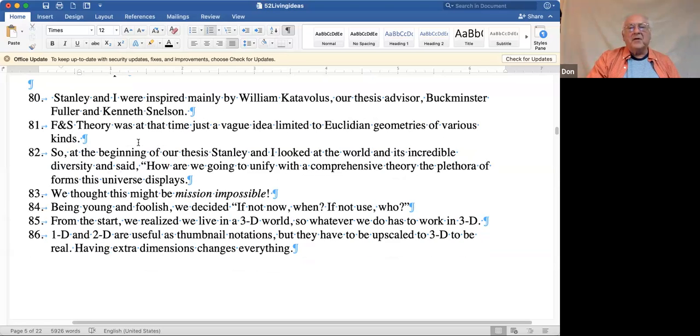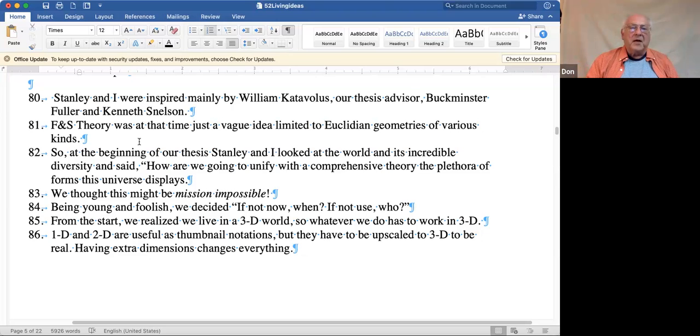So at the beginning of our thesis, Stanley and I looked at the world and its describable diversity and said, how are we going to unify with a comprehensive theory the plethora of forms there are in this universe? We thought this might be mission impossible. Being young and foolish, we decided, if not now, when? And if not us, who?